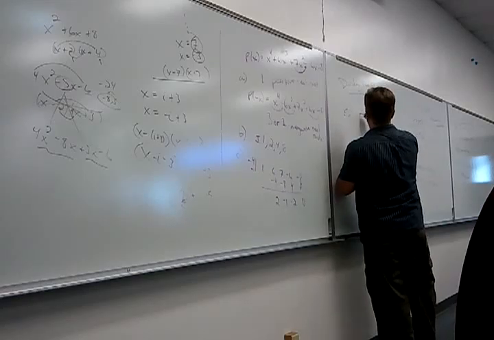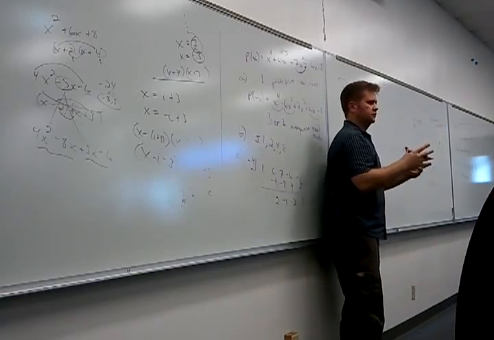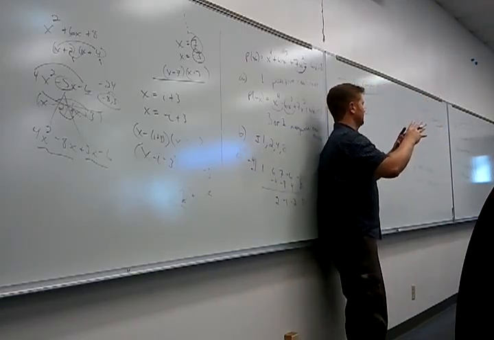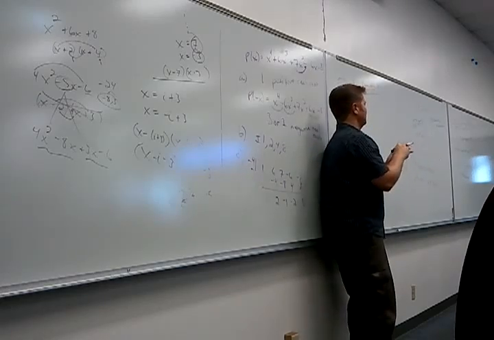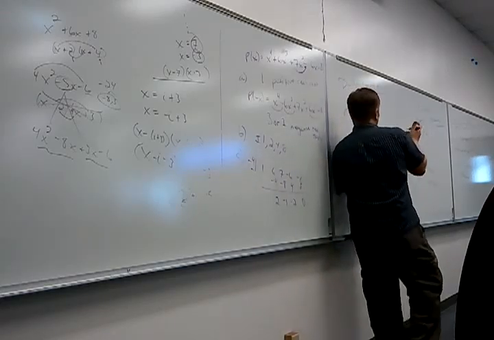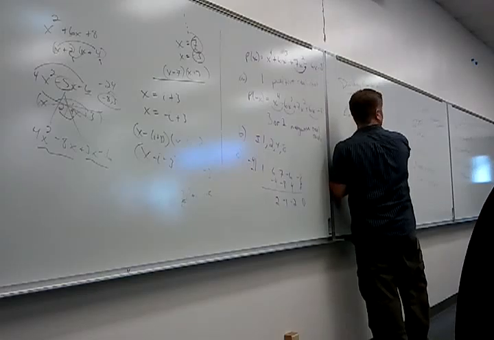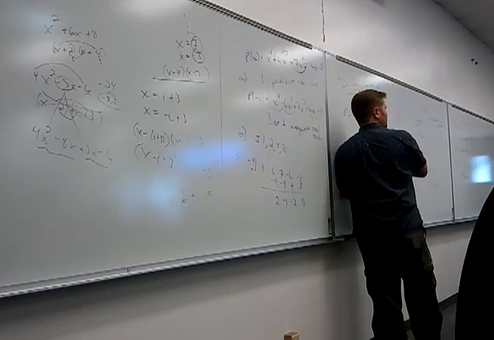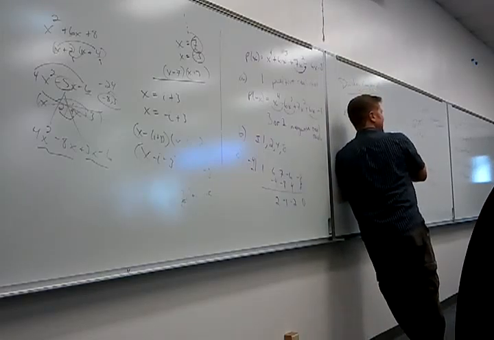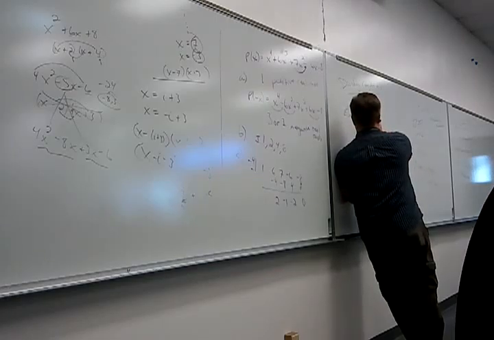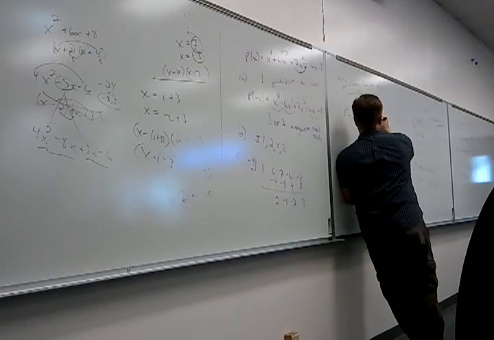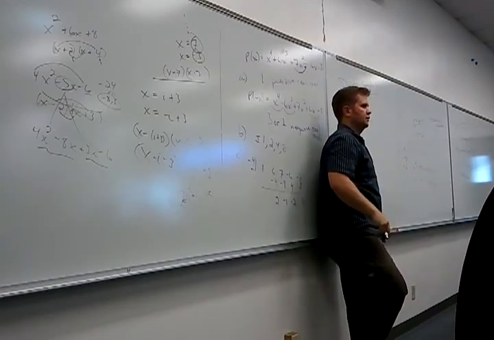So we got i plus 1. Now somebody give me another one, a little more interesting. Not that it wasn't interesting. Negative i? Maybe not that. What's i squared? Negative 1. That's not complex enough. So let's do 8 minus 5i.